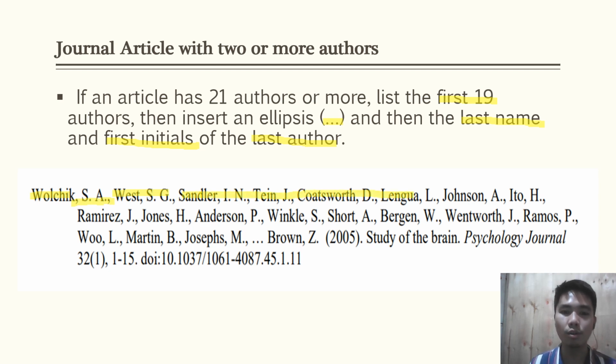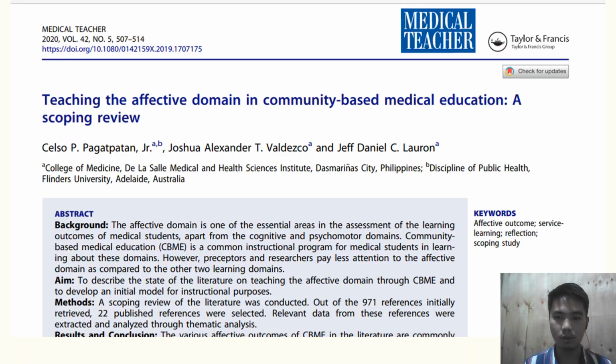They also insert, after mentioning the first 19 authors, the ellipsis. And of course, Brown Z., that's the last author, followed by the year published, the title of the article, the title of the journal, the volume, the issue number, the page numbers, and lastly, we have the digital object identifier.